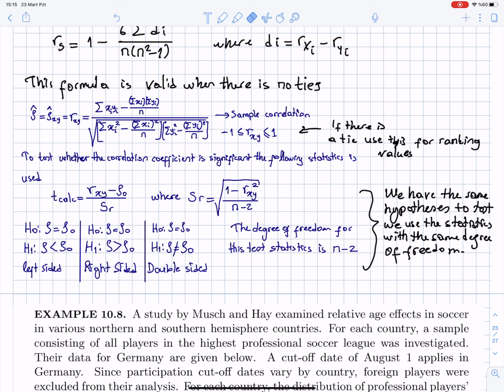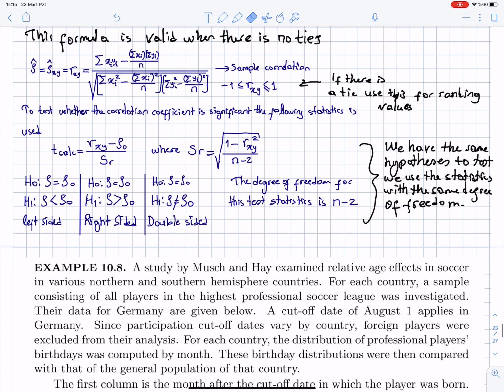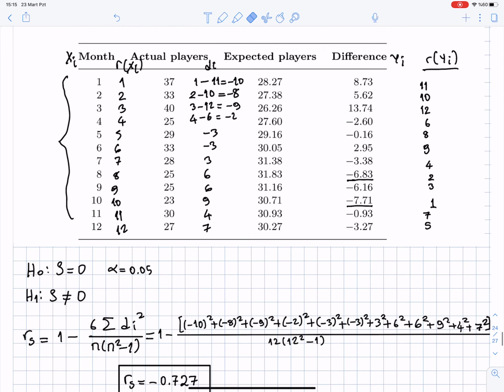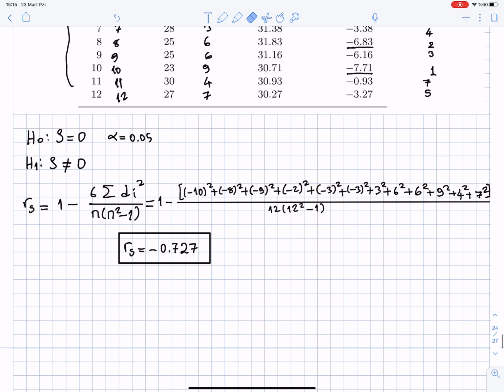In this case, in place of rho x and y, we have rho s. So the calculated statistic equals rho s minus rho null, divided by the standard error of the correlation coefficient.